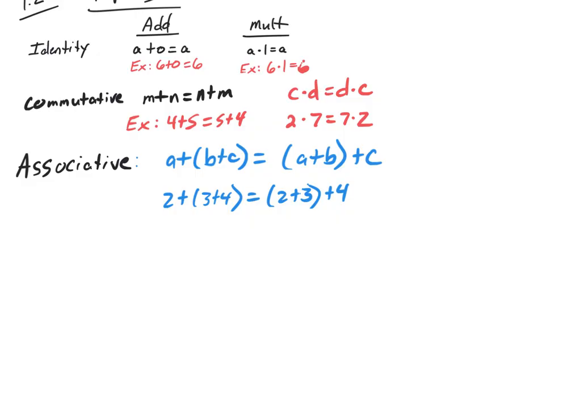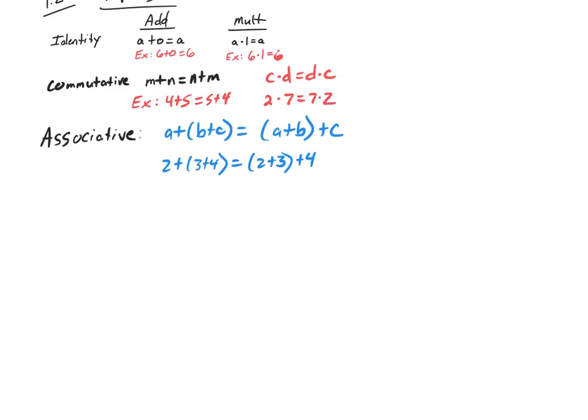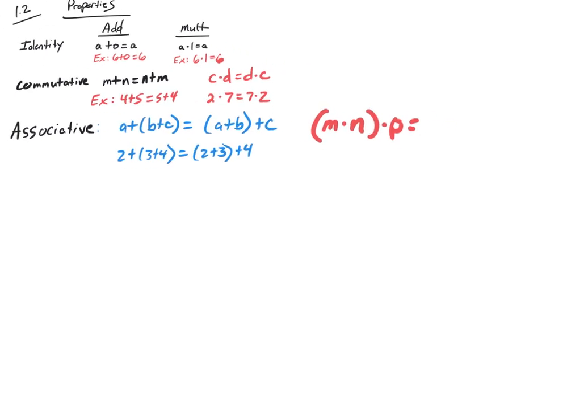Okay, the only difference between the multiplication and addition property here, once again, is if I did m times n times p equals m times n times p. The only difference is we have multiplication signs in there. Okay? And I could put whatever numbers I want in place of m, n, and p.